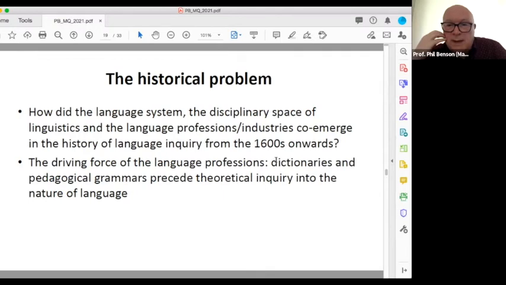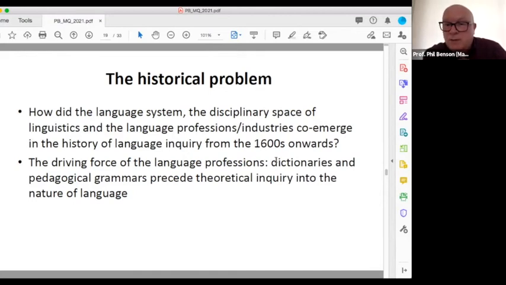And in that context, perhaps a starting point for thinking about that is that dictionaries and grammars really precede theoretical inquiry into the nature of language. So nowadays we tend to think that applied linguistics, which basically involves these various language professions and industries, is informed by theoretical linguistics.